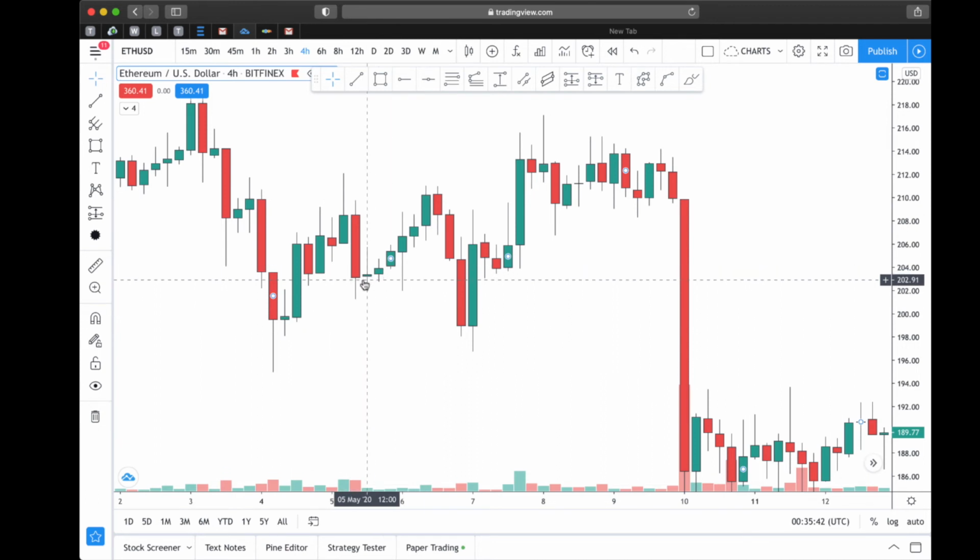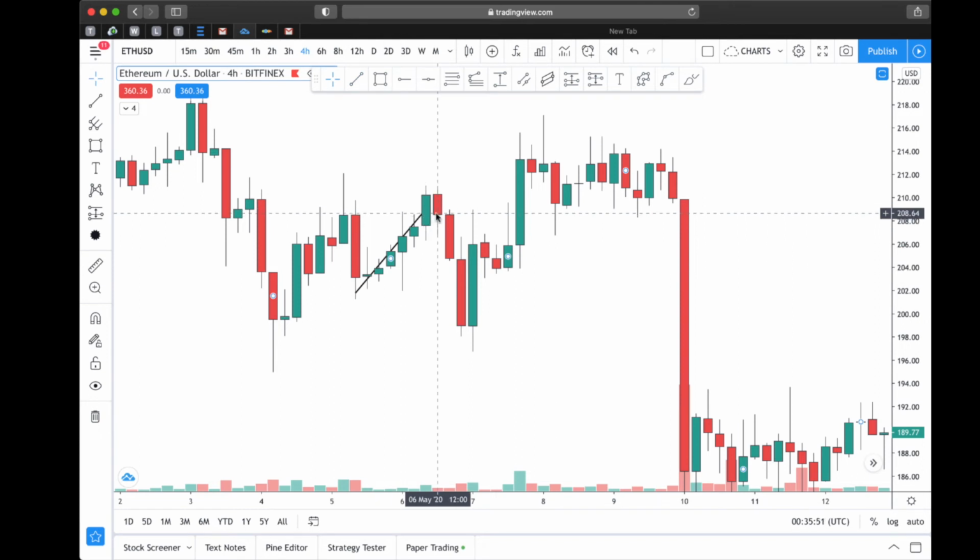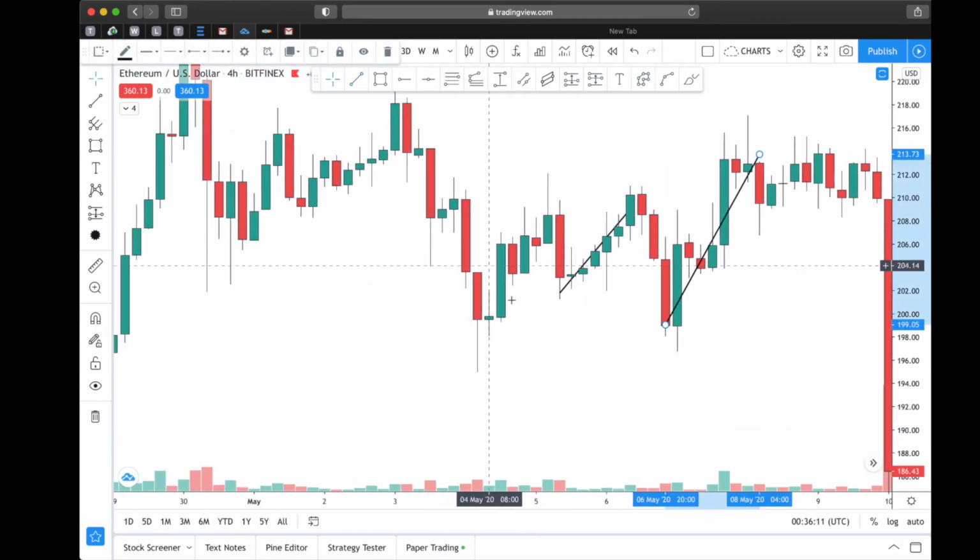After this uptrend from this place to this place, then we got this formation here, which is a green candle and a red candle, but the red candle is more than 50% of the green candle, which made the price drop. Then when the price dropped, what happened? We got a bullish engulfing pattern at support, and then what happened? Price went up.